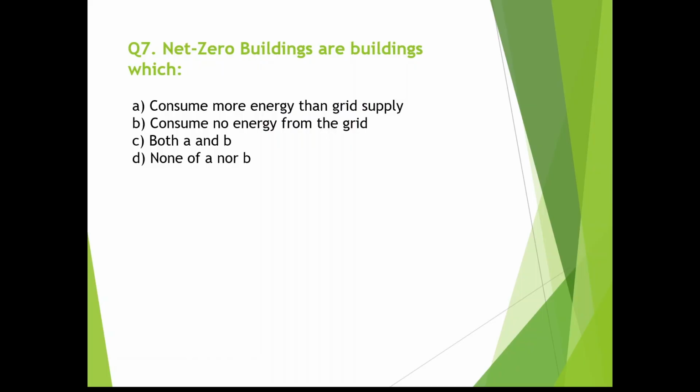Seven. So as the name suggests itself, and I can see most of you have opted B answer. So B will be the correct answer. Consumes no energy from the grid.